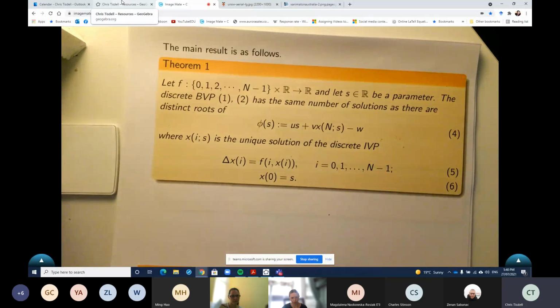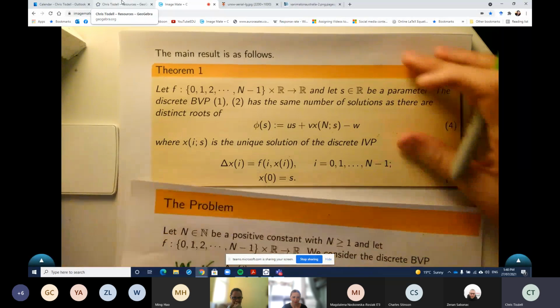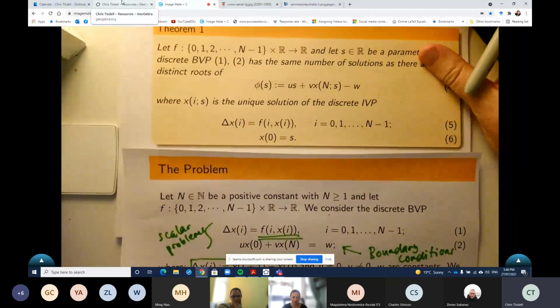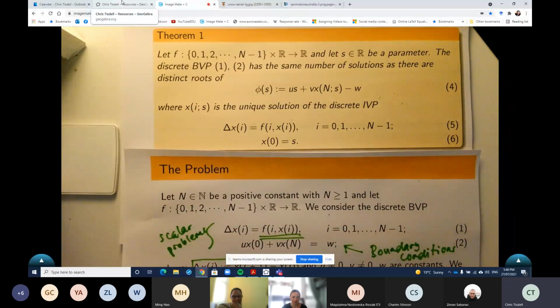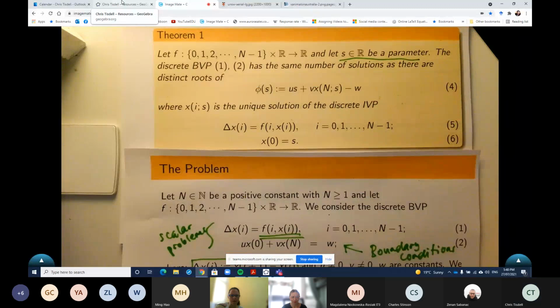So here's the main result, and this is the only result I'm going to share with you today. But I'm mostly going to talk about examples. So let me just put this back onto the screen. Okay, so you've got a function and you've got a parameter.